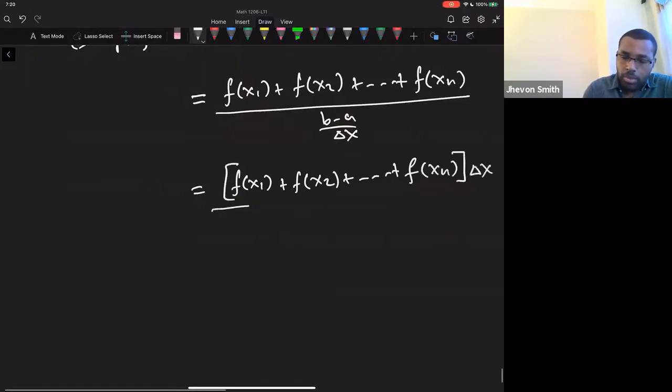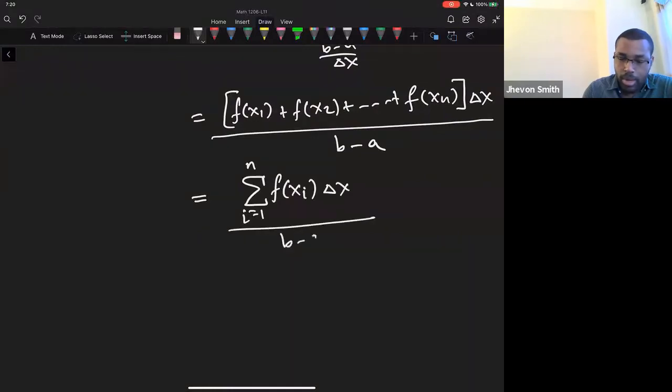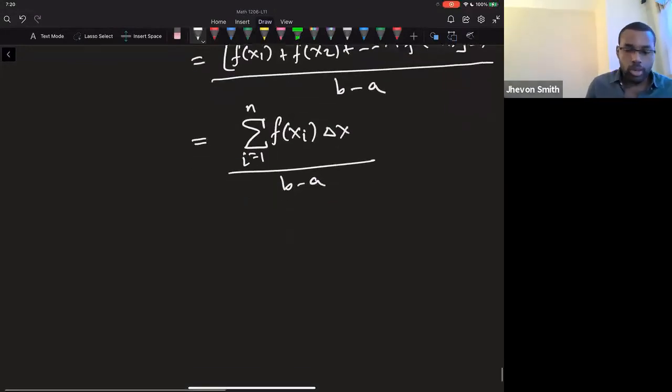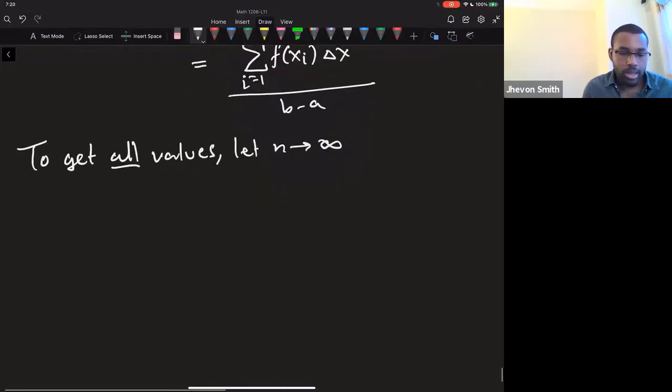over b minus a over delta x. With the flip and multiply, we would get this. And notice that this is kind of like the sum, i goes from 1 up to n of f of xi times delta x, all over b minus a. And that should start looking familiar to you. So to get all values, let n approach infinity.